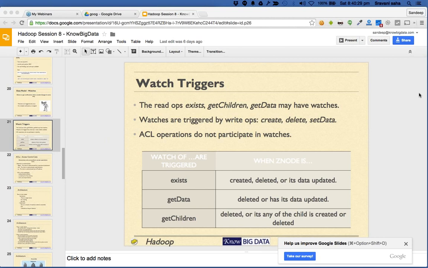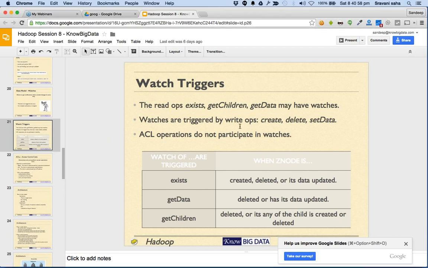Also, while getting the data of a node, you can get informed when the znode gets deleted or its data gets updated. With a watch on get children, you will get notified if the node gets deleted or any of its children gets modified, updated, or deleted.